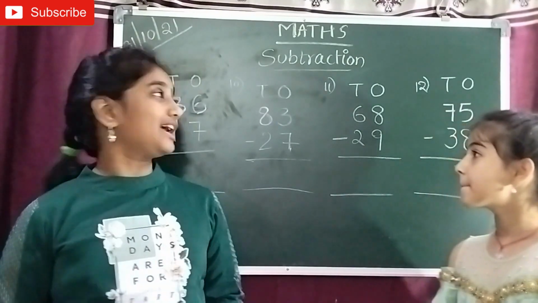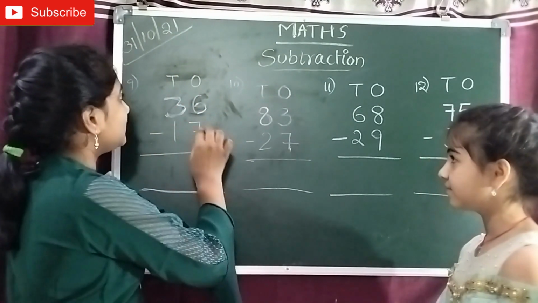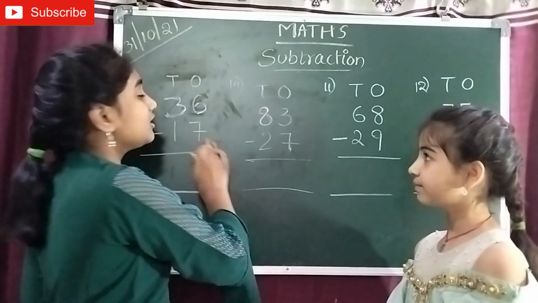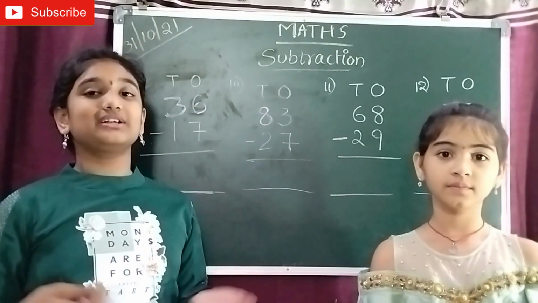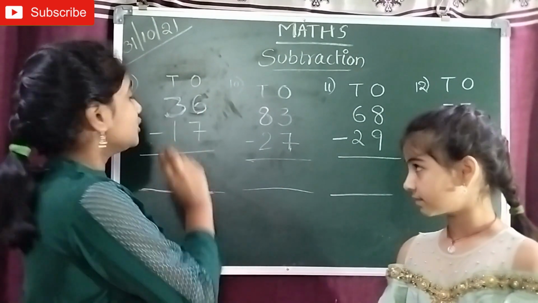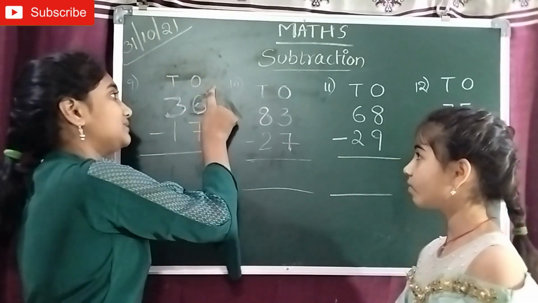Now let's move on to the 9th example, that is 36 minus 17. In the ones place we have 6 minus 7. We can't subtract them because 6 is smaller than 7. So we have to borrow from the tens place to the ones place.